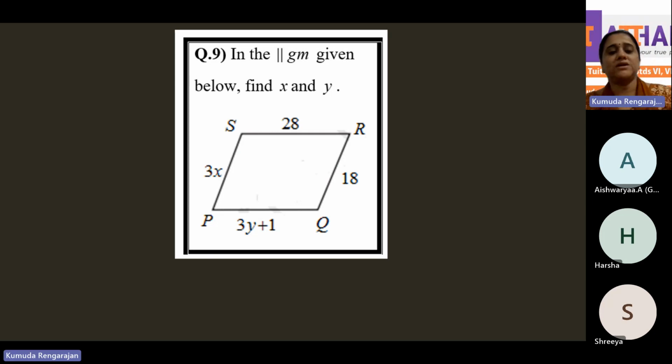Shreya, Aishwarya, and Harsha. Yes, ma'am. Is it fine? Yes, children. Okay.